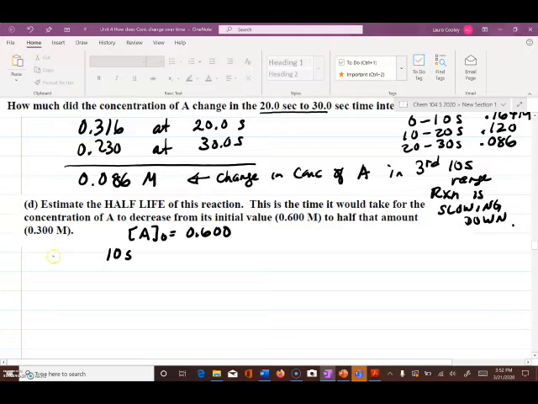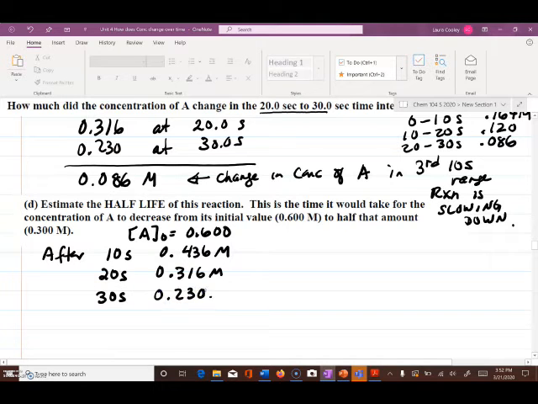All right, so putting that together, initially the concentration was 0.6 molar. After 10 seconds, the concentration was 0.436 molar. After 20 seconds, it was 0.316 molar. And after 30 seconds, 0.230 molar. So I'm going to talk a little bit about something called the half-life.